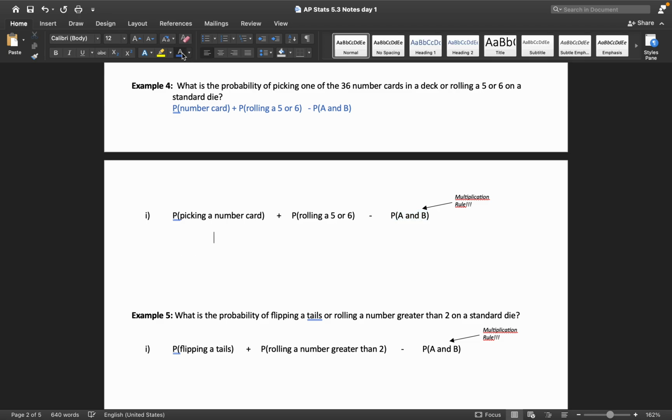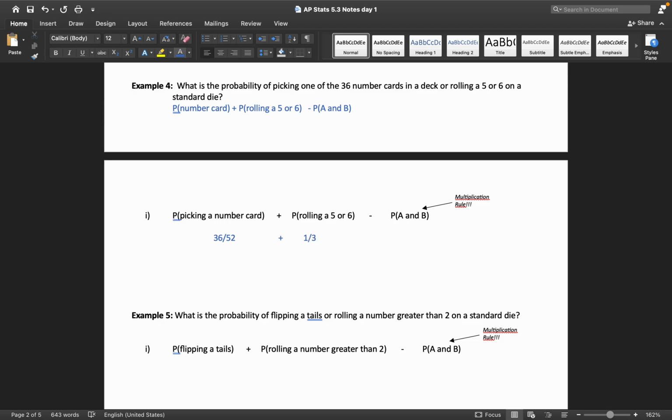So what's the probability of picking a number card? That's 36 out of 52. The probability of rolling a 5 or 6 is 1 out of 3, or 2 out of 6.